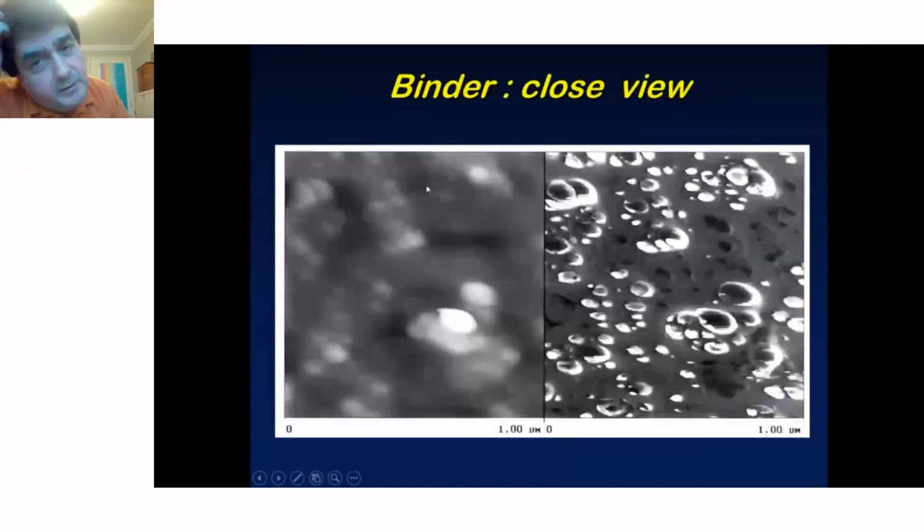But if you look within the binder, in a close view, and here we're looking over a range of 1 micron by 1 micron, we find these different materials. Now, this side here is showing surface height. This side here is using the phase difference in the oscillation of the tip caused by the surface. And that is good at identifying different chemical materials present.